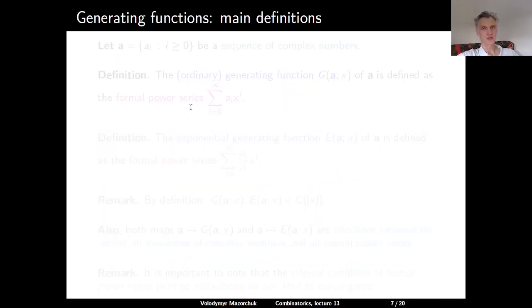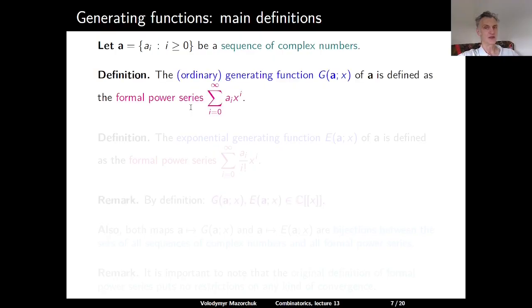Now we can define the notion of a generating function. So let A be a sequence of complex numbers. The ordinary generating function, which is denoted by G(A, x), of the sequence A is defined as a formal power series, the sum over all i from 0 to infinity of a_i times x to the power i.